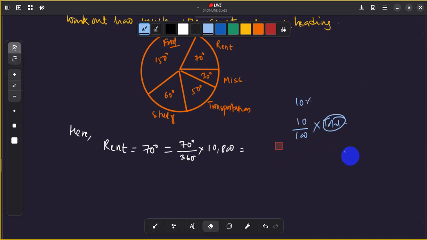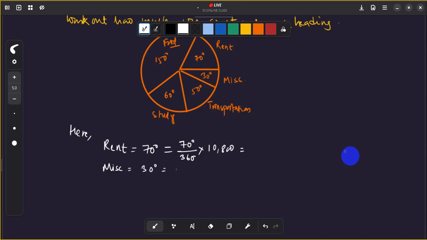So we have done the same here to convert the angles into values. The same process. Now similarly miscellaneous expenditure is 30 degrees. It is 30 over 360 into 10,800.